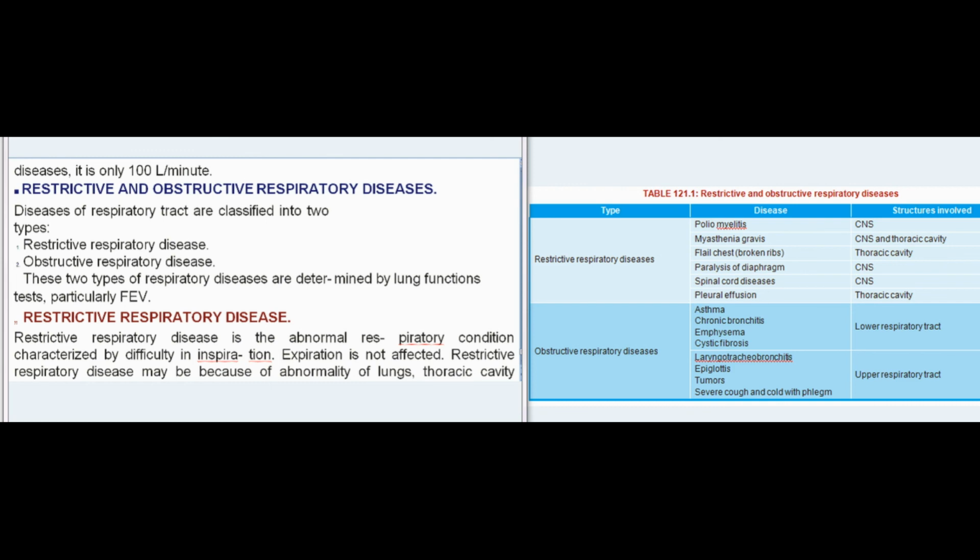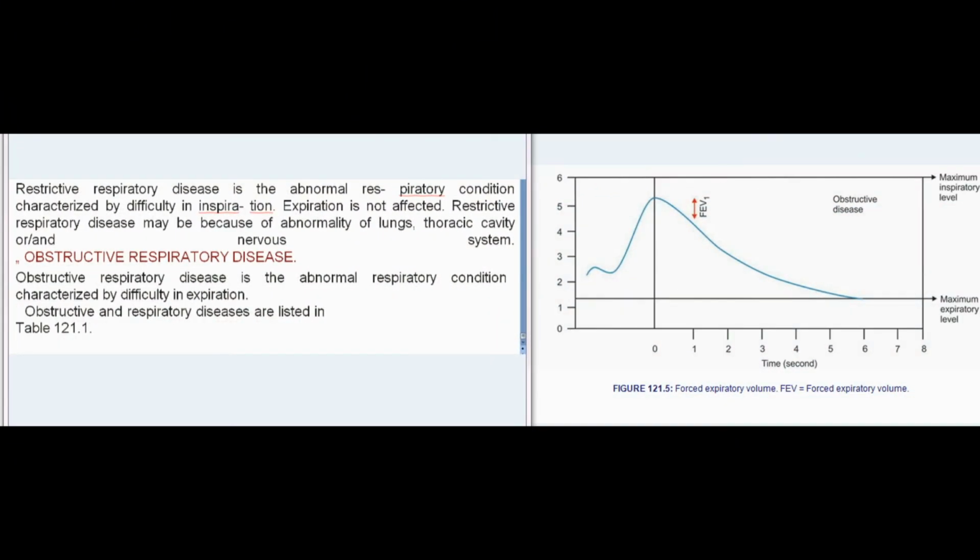Restrictive and obstructive respiratory diseases. Diseases of respiratory tract are classified into two types: restrictive respiratory disease, obstructive respiratory disease. These two types of respiratory diseases are determined by lung functions tests, particularly FEV. Restrictive respiratory disease. Restrictive respiratory disease is the abnormal respiratory condition characterized by difficulty in inspiration.